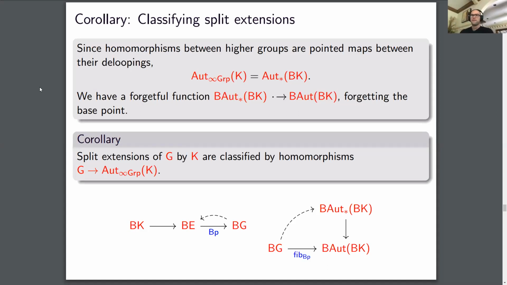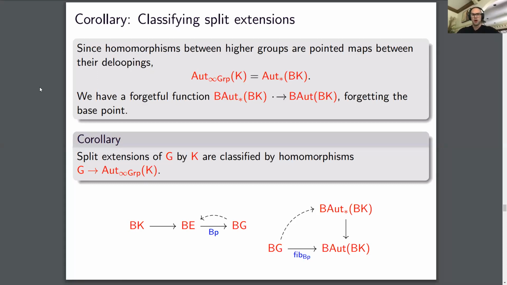Well, remember that the first classification result we saw was that split extensions are classified by homomorphic actions of G on a group K, or maps from G to the automorphism group of K considered as a group. And we can directly lift this result up using higher Schreier theory. Remember that homomorphisms between higher groups are pointed maps between their d-loopings.